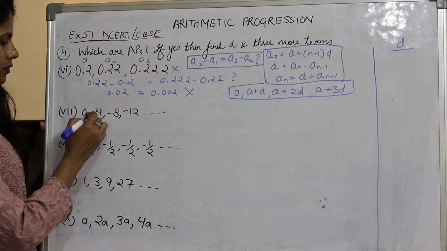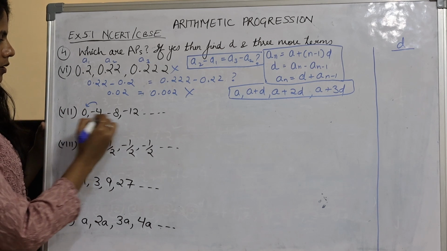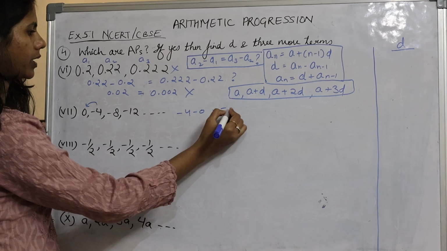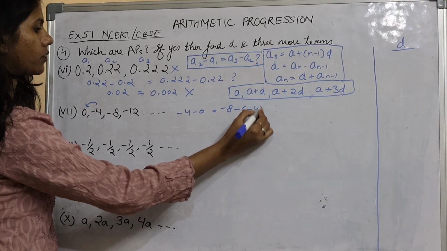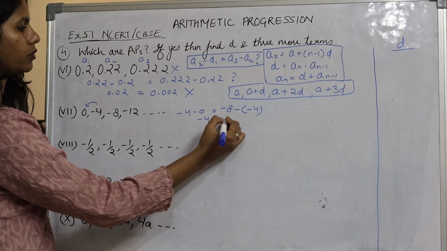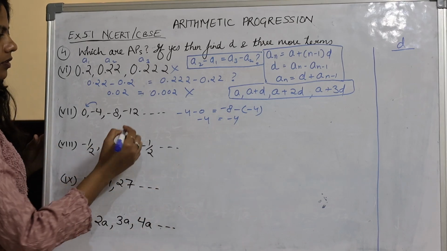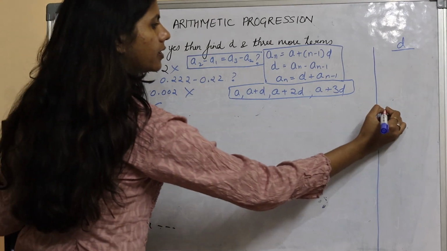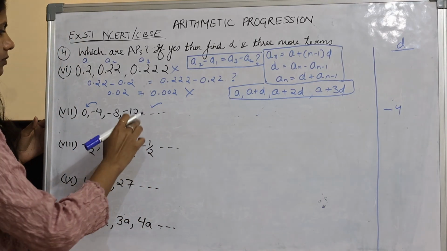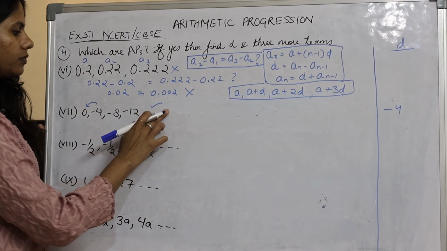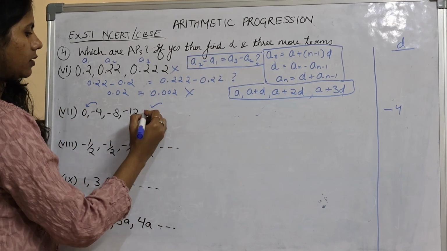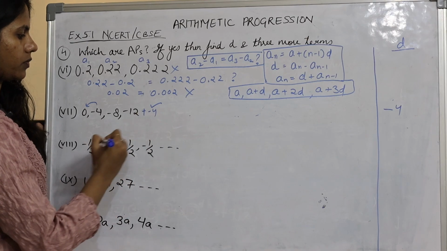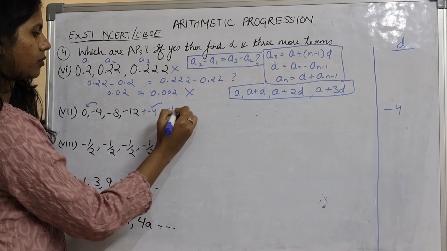Now for this one, again, minus 4 minus 0 is equal to minus 8 minus 4. So this will be minus 4 equal to minus 4. Yeah, this is equal. So this is an AP and its D is minus 4. Now to get the next term, it is minus 12 plus minus 4, which is minus 16.